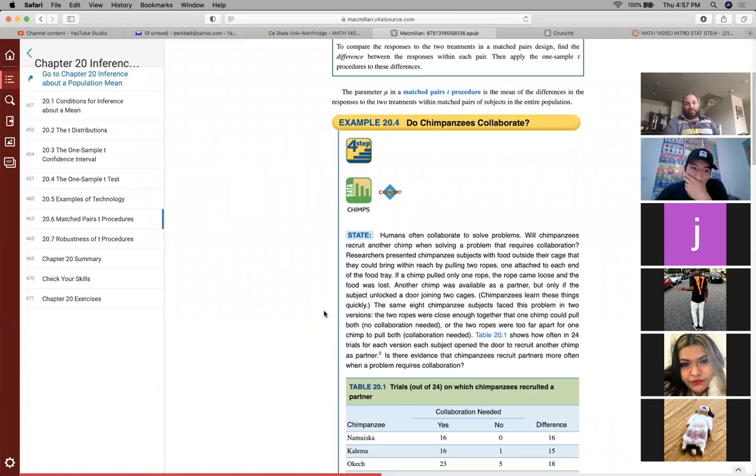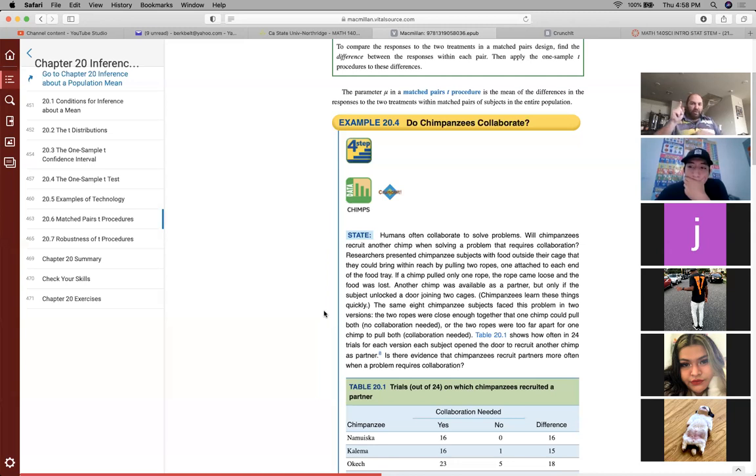Researchers presented chimpanzee subjects with food outside their cage that they can bring within reach by pulling two ropes, one attached to either side of the food tray. If the chimp pulled only one rope, the rope came loose and the food was lost. Another chimp was available to partner, but only if the subject unlocked a door joining the two cages.